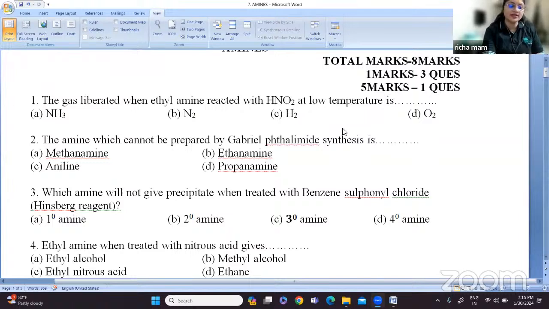Yes, try to answer. The gas liberated when ethylamine reacts with HNO2 at low temperature is. Priyanka has answered.